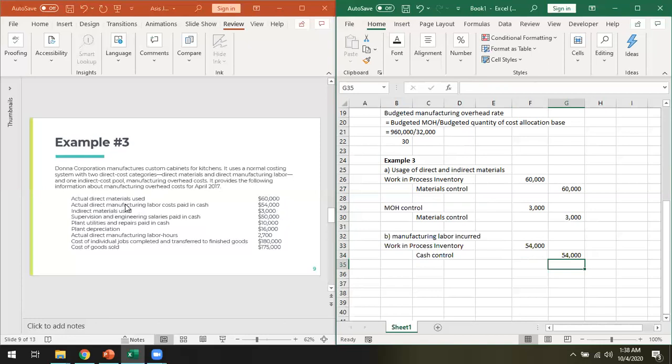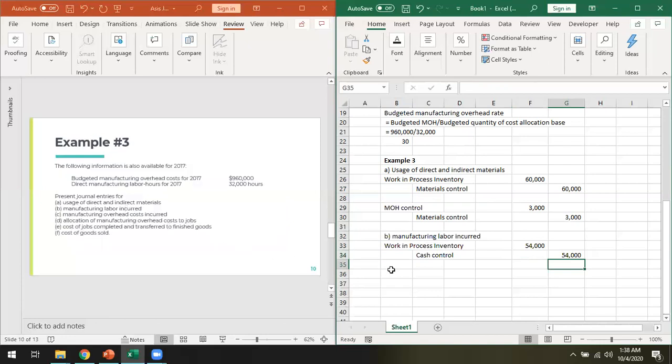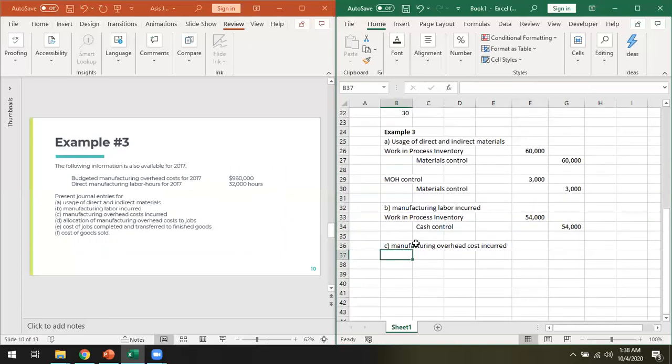So C, manufacturing overhead incurred. Manufacturing overhead cost. For manufacturing overhead cost incurred, the treatment will be the same as the indirect materials, as indirect materials is also manufacturing overhead.